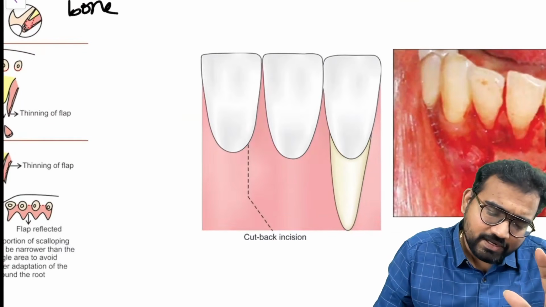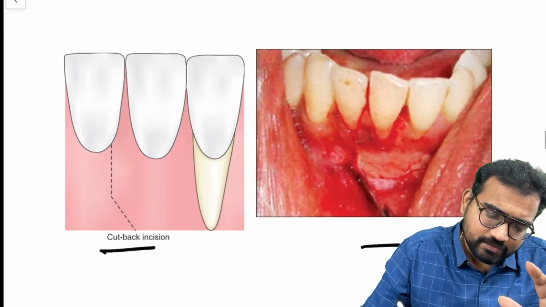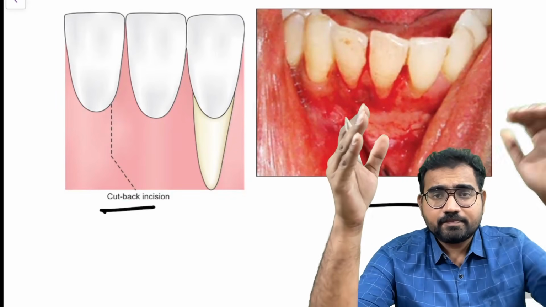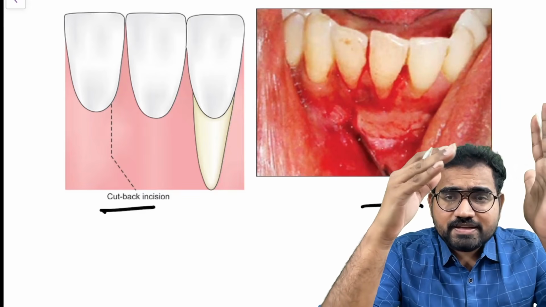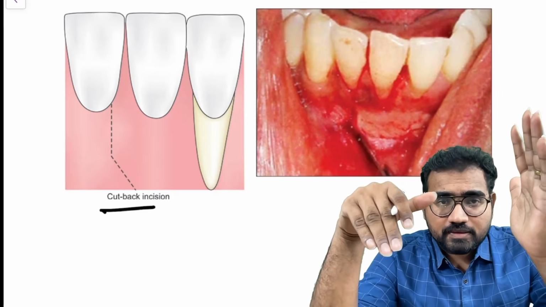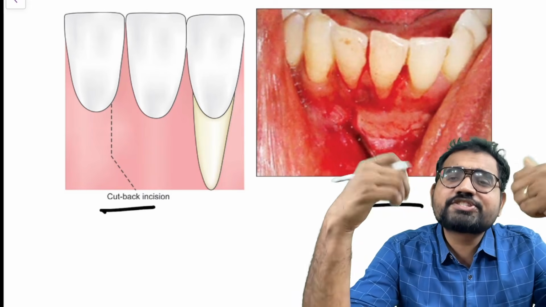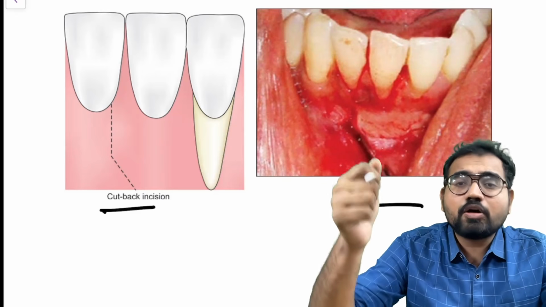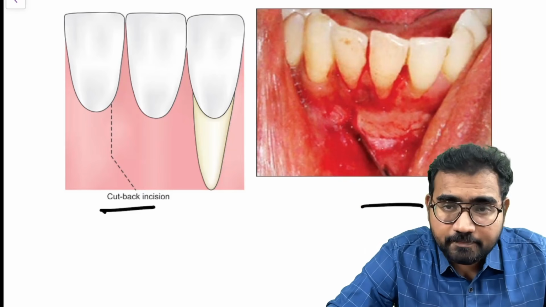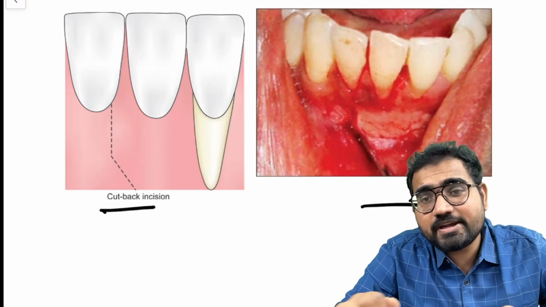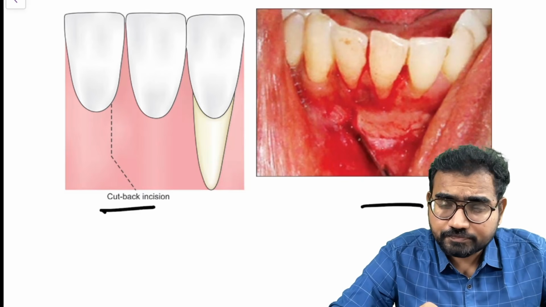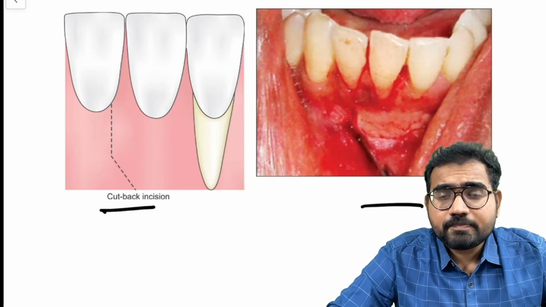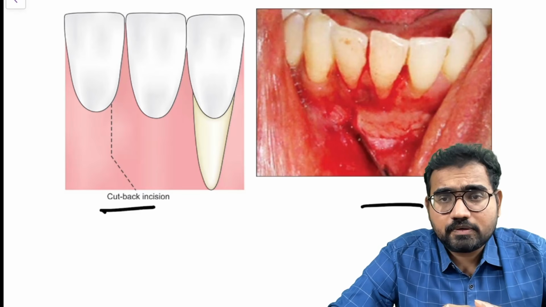Next one is the cutback incision, as you can see here. Very simple. I'm just giving a small cutback. Why? For the proper stretchability and extensibility of the flap, so that I can pull it laterally or coronally if at all I need, and also to put a tension-free flap.